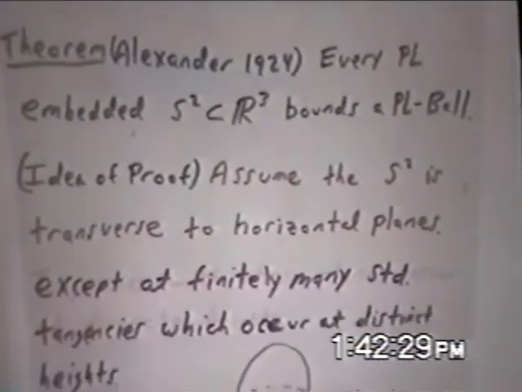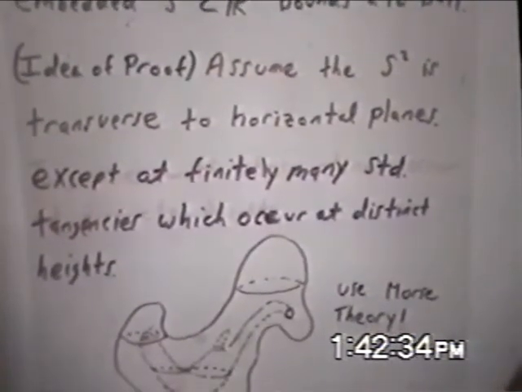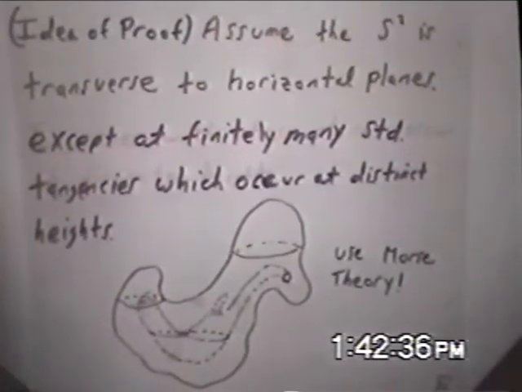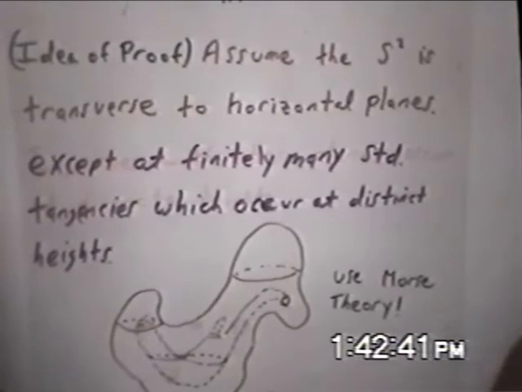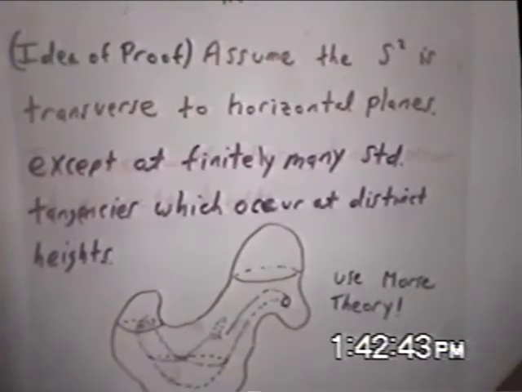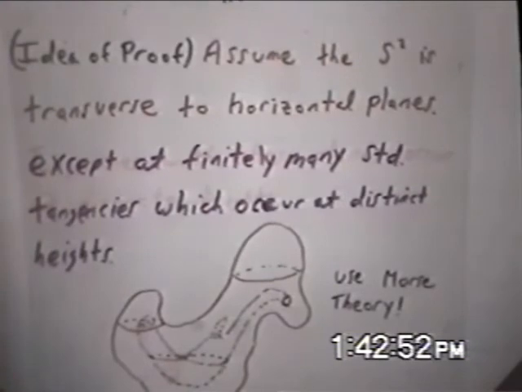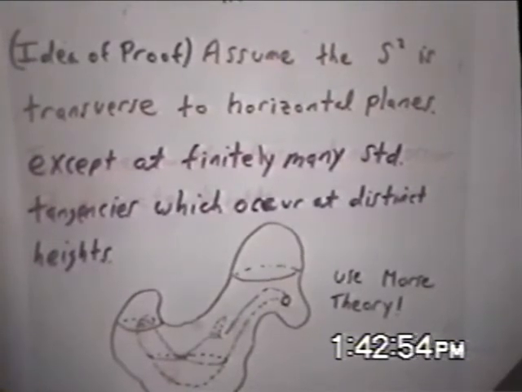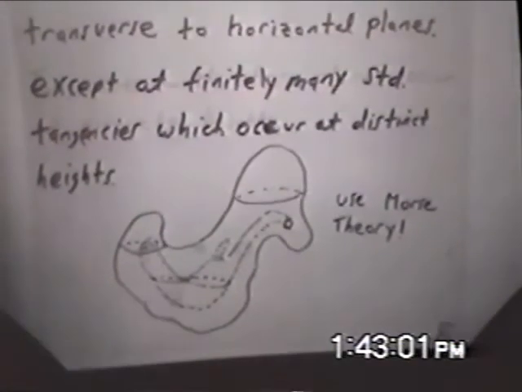In particular, suppose you have an S2 in R3, and you think of R3 being foliated by horizontal planes. If you choose the coordinates in R3 right, there will be just a finite number of local maxima and local minima, and they'll all occur at different levels.